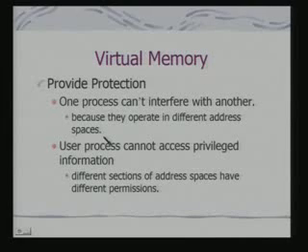We can make sure of this once we have implemented virtual memory, because then we shall have a clear partitioning of the address space of different processes. Further, a user process cannot access privileged information because different sections of address spaces can have different permissions. This is particularly important to have an enhanced security feature on our embedded systems.